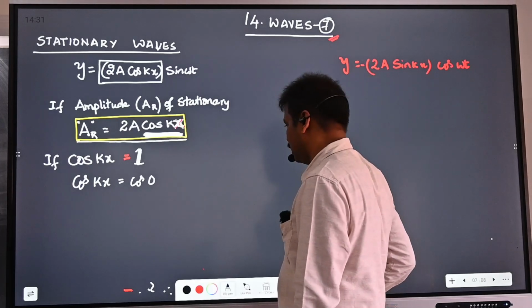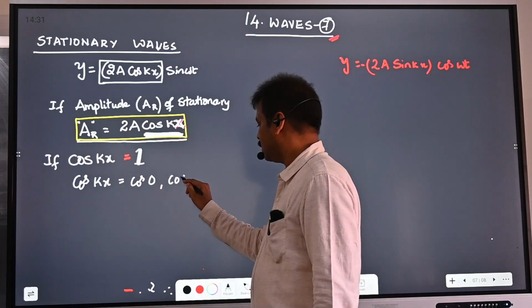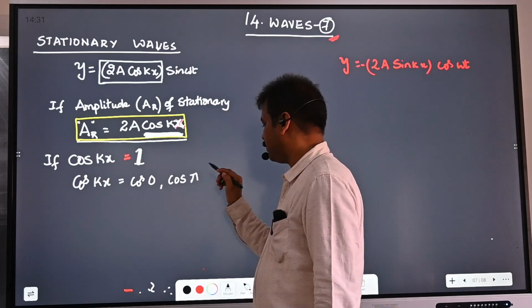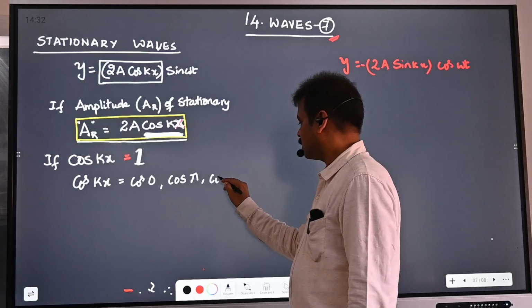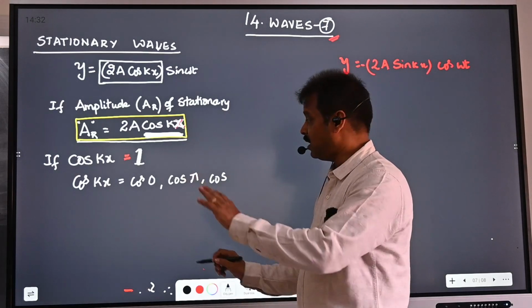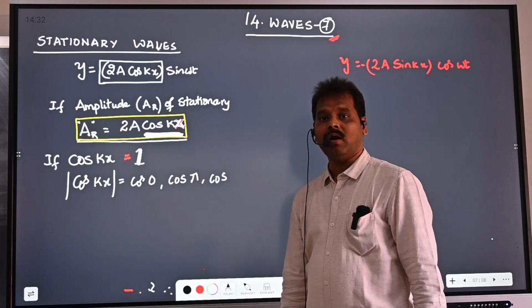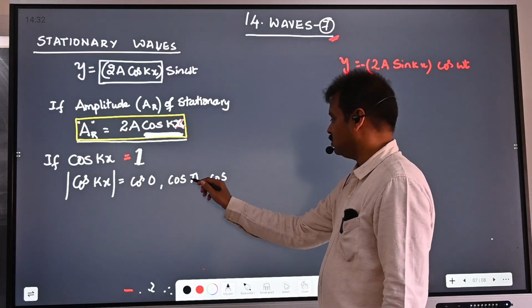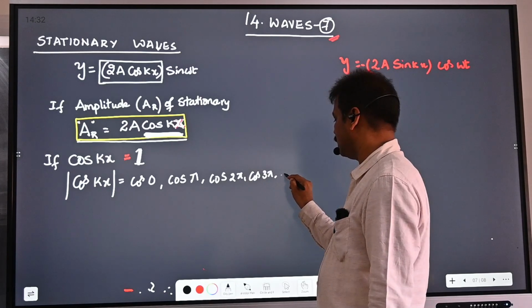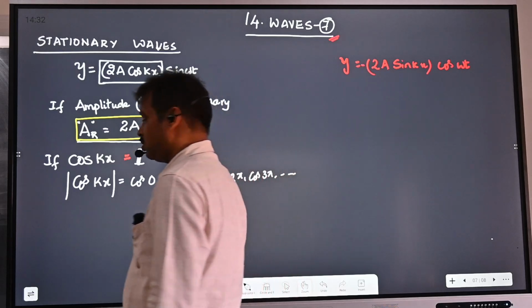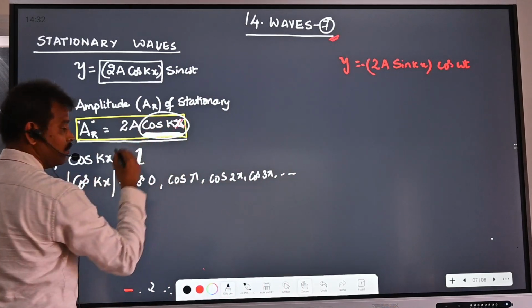Here we can write cos 0 radians also, or cos pi, which is minus 1, but I am taking only the mod of cos kx: cos 0, cos pi, cos 2 pi, cos 3 pi, and so on. At these points, this value will become maximum.